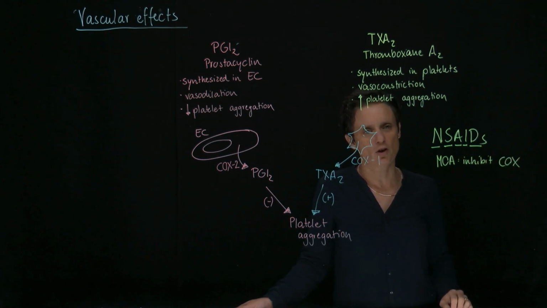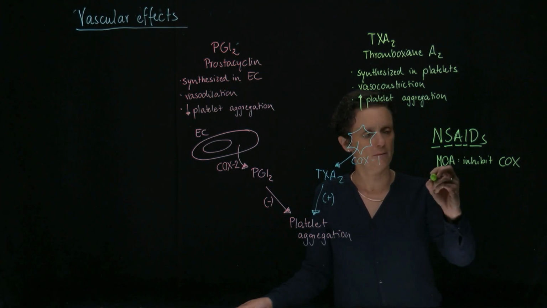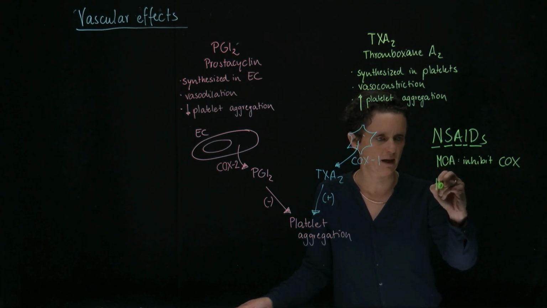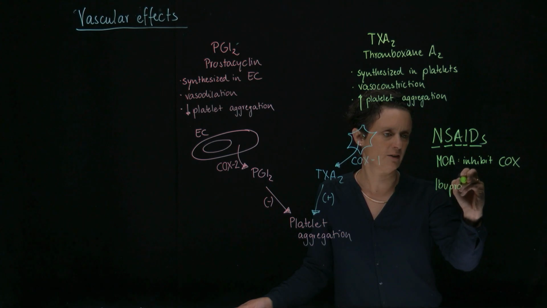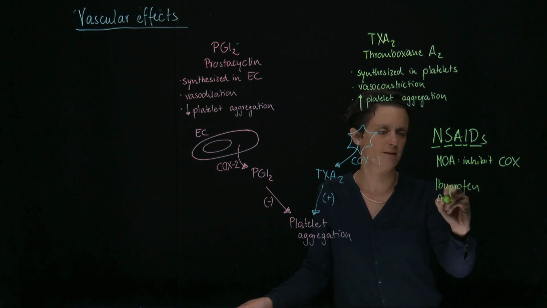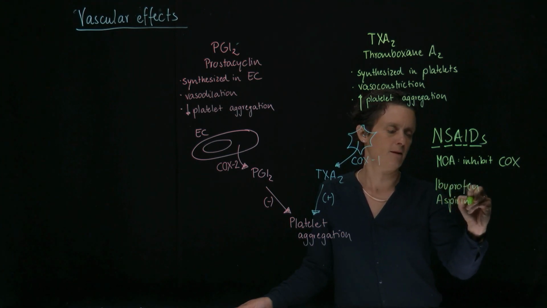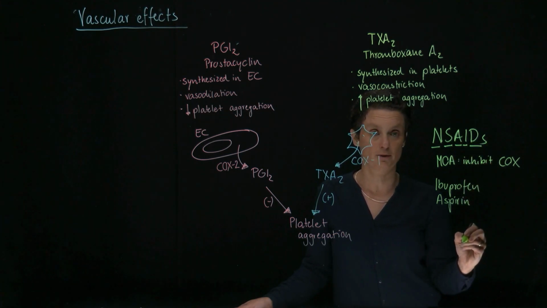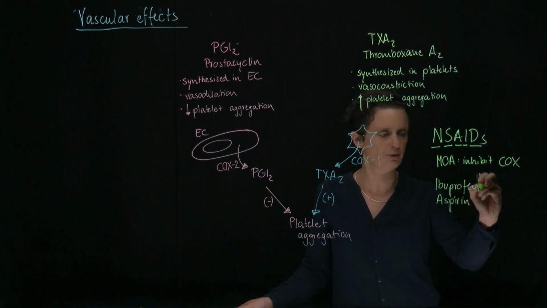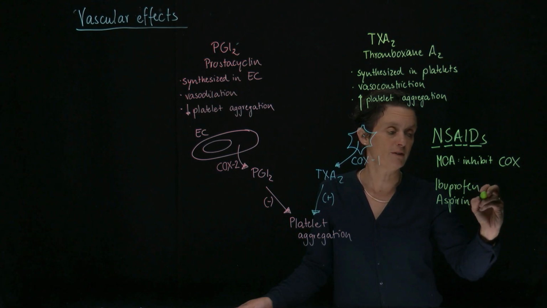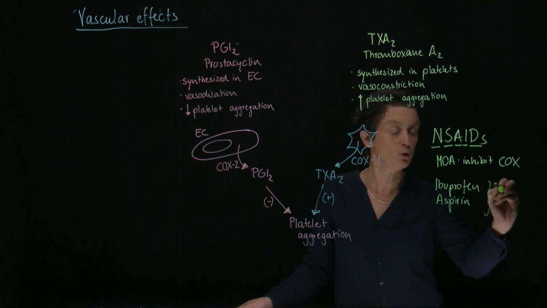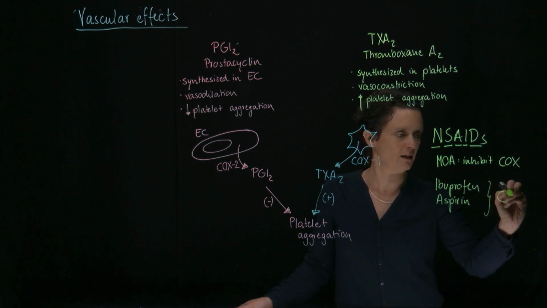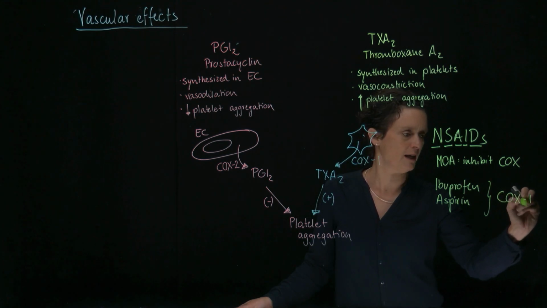So they inhibit COX, but most of them, and we can list here an example like ibuprofen, which is a very important example, or aspirin when you use it for its anti-inflammatory action in higher doses. So most of them inhibit both COX enzymes. So they inhibit COX-1 and COX-2.